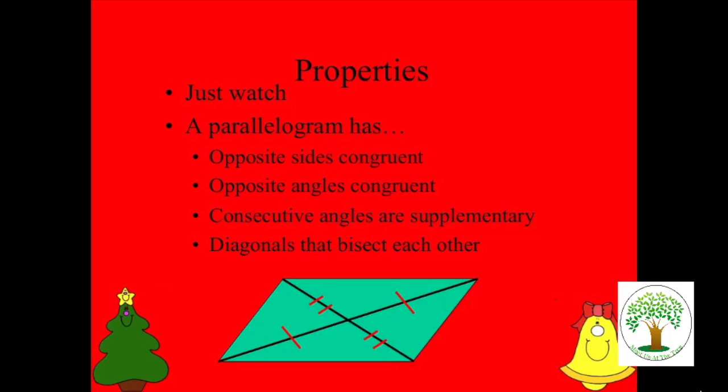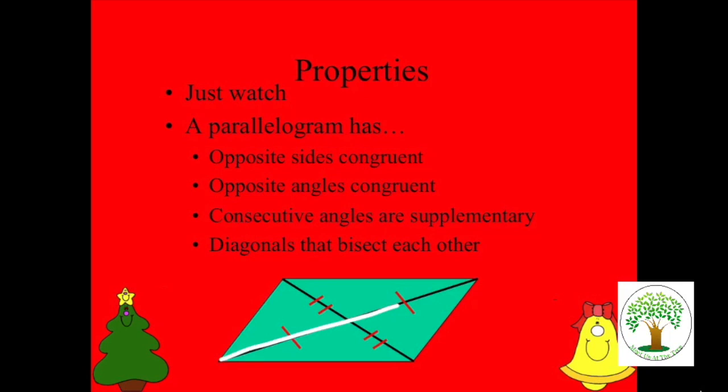The diagonals are the lines that connect non-adjacent vertices. So for quadrilaterals or parallelograms, they have to go straight across. Notice that when they bisect each other, that means it cuts both of them into two equal pieces. Not necessarily all equal to each other.